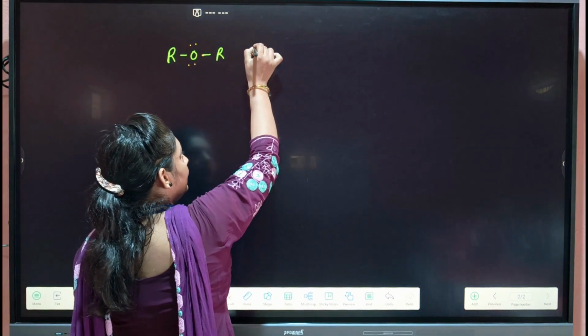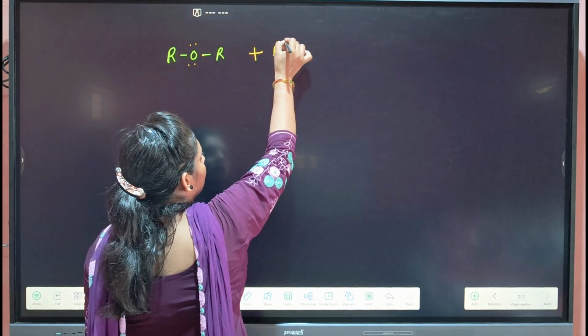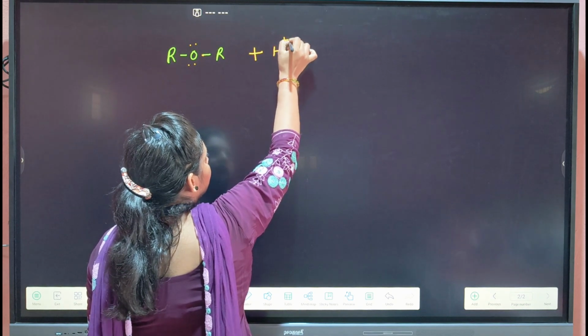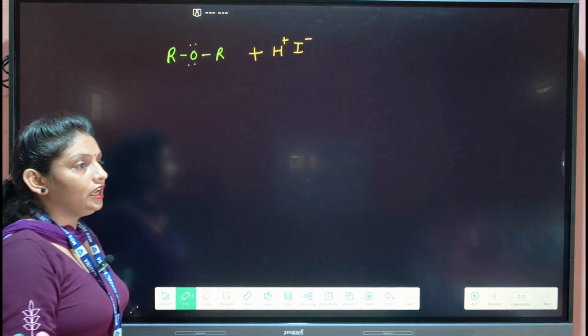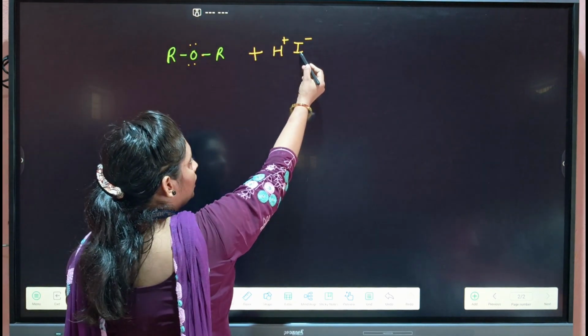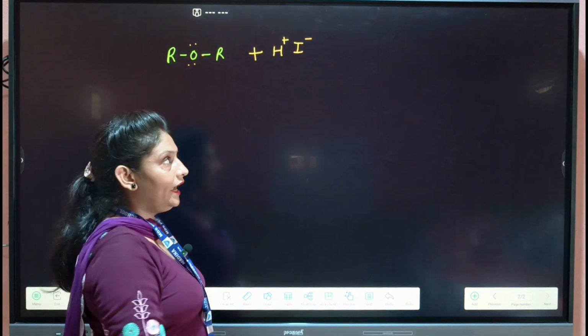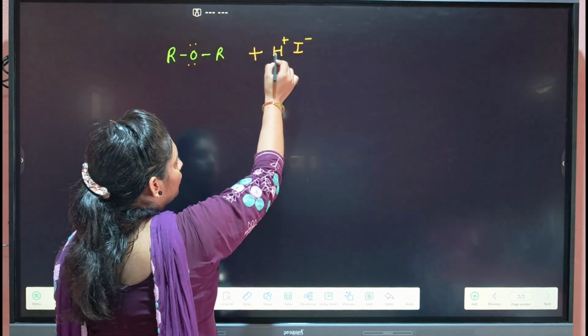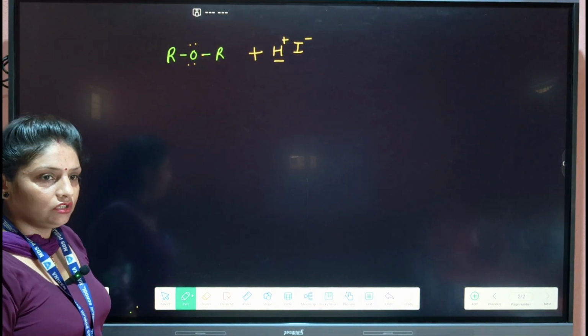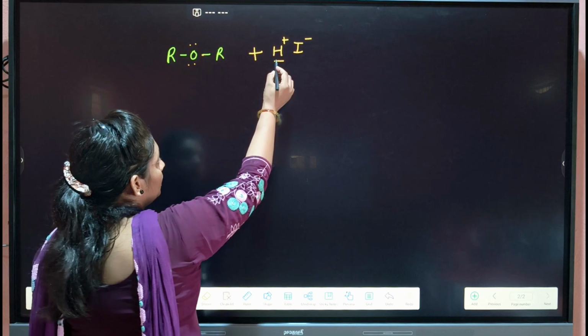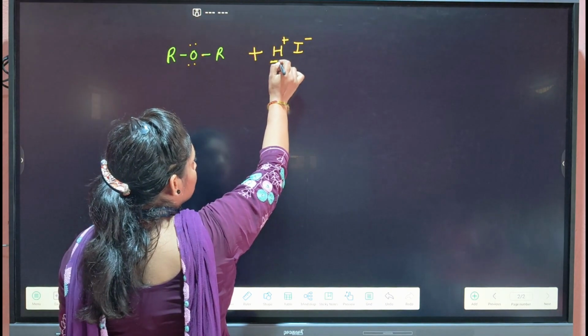We were doing the reaction with hydrogen halide. Let us consider we were doing the reaction with hydrogen iodide. Here iodine is more electronegative, so negative charge will be attained on that, and hydrogen is less electronegative, so positive charge will be attained on this. Clear or not?